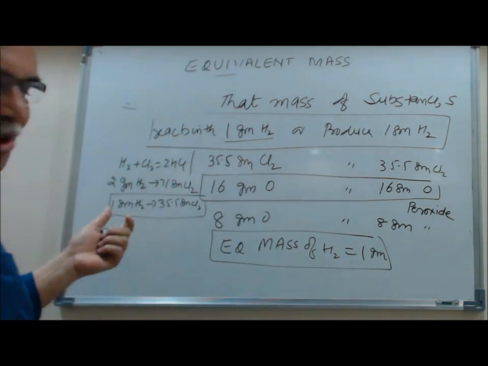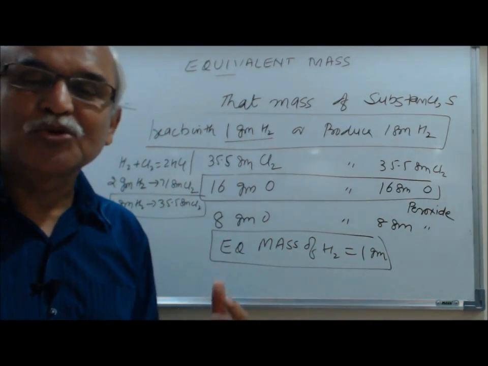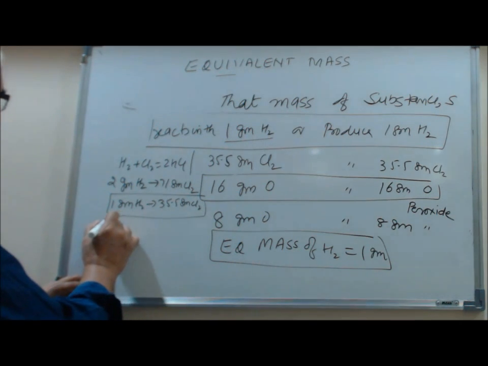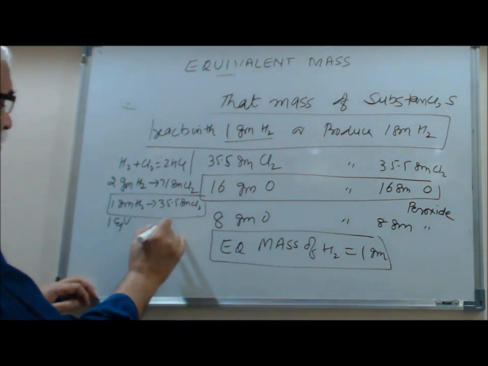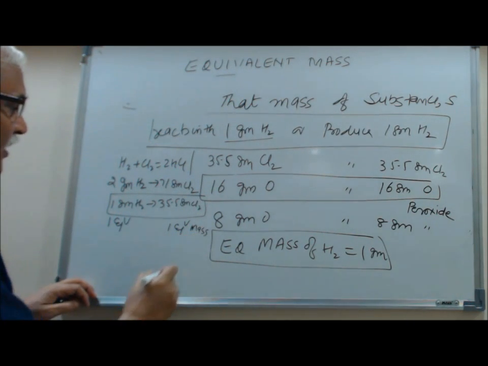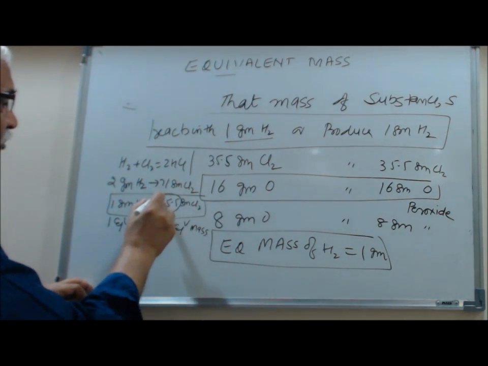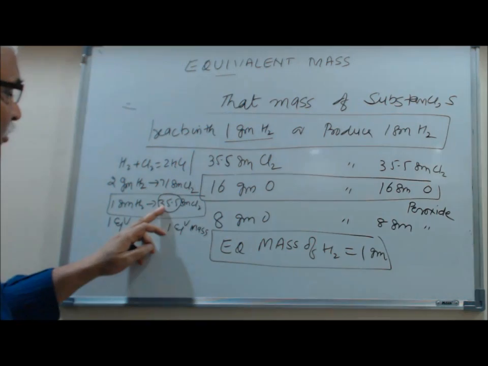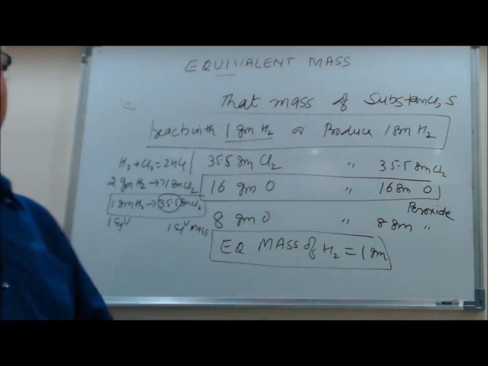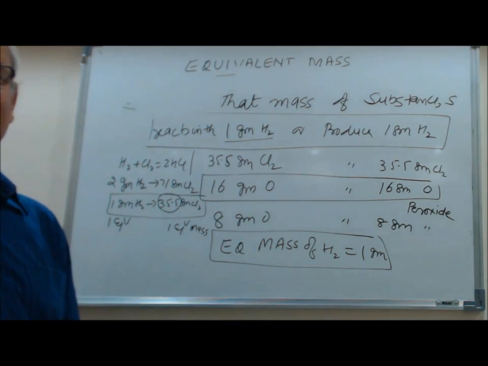Now, what is so special about 1 gram? It also happens to be the equivalent mass of hydrogen. So 1 equivalent mass of hydrogen has to react with 1 equivalent mass of chlorine. That number happens to be 35.5. So the equivalent mass of chlorine now becomes 35.5. Am I clear?